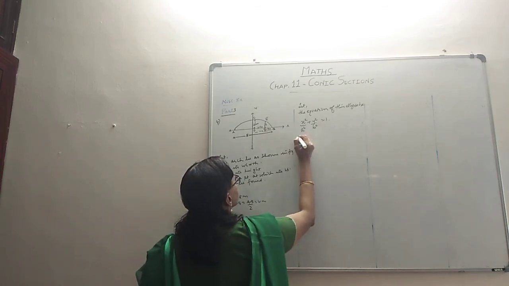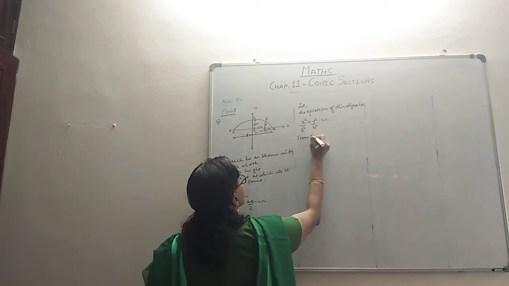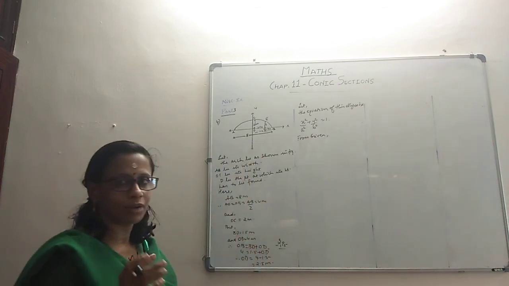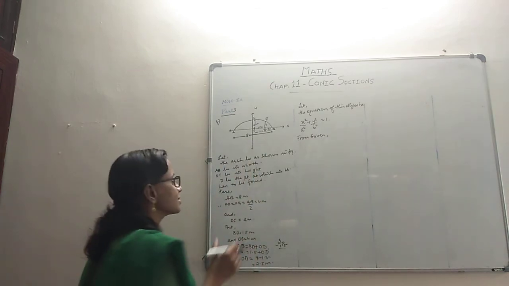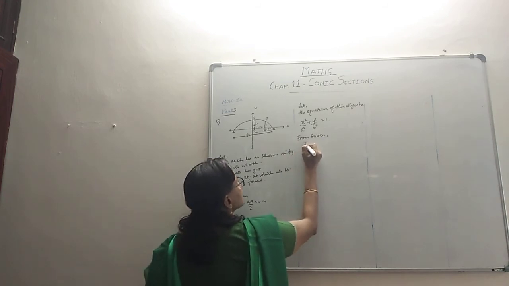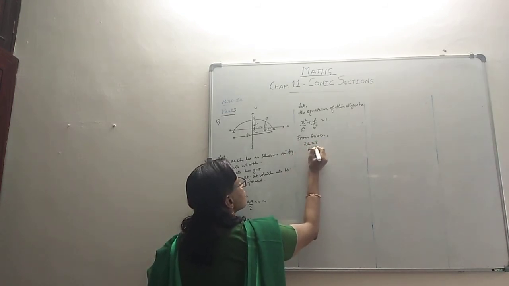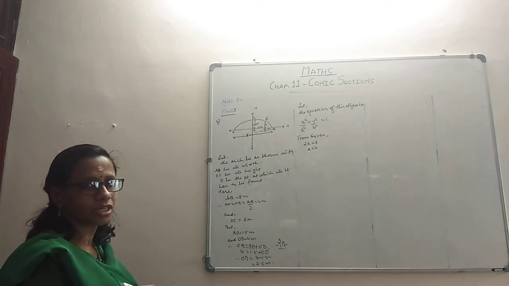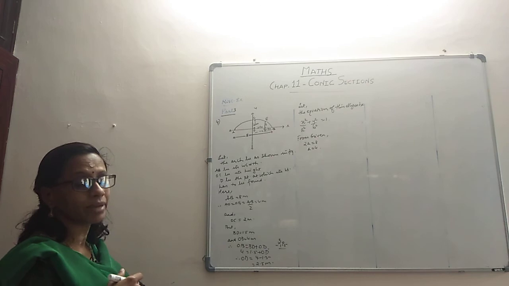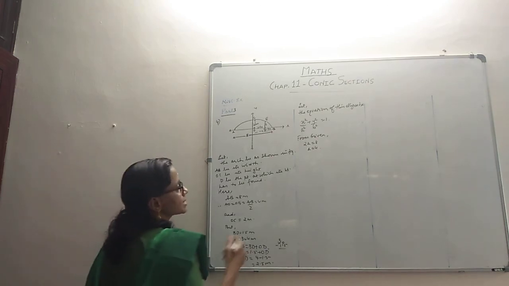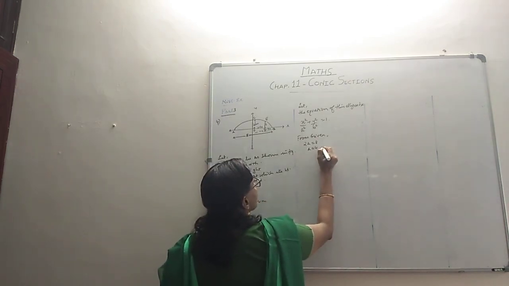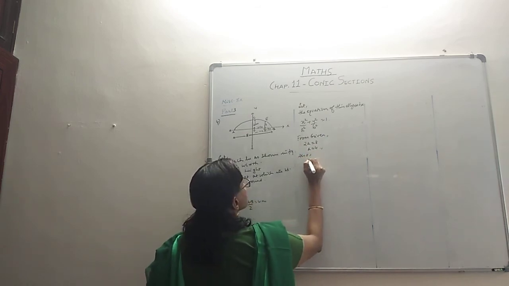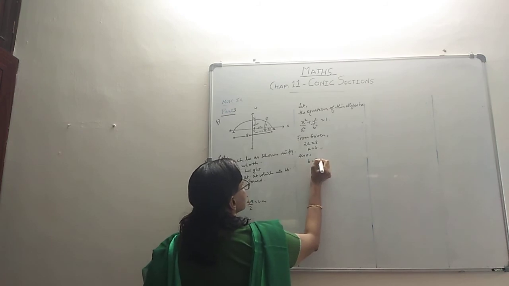From given, a is like the total length of the major axis, so it's 2a. From given, 2a is 8, so a is 4. And b is the distance to the minor axis, and b is directly given to us as 2 meters.